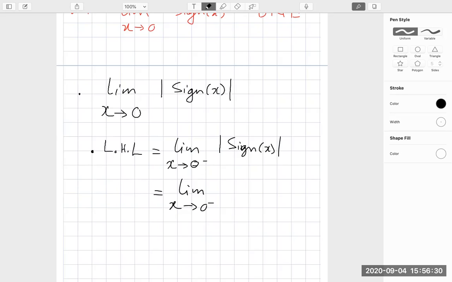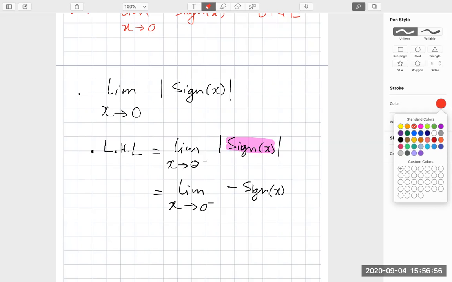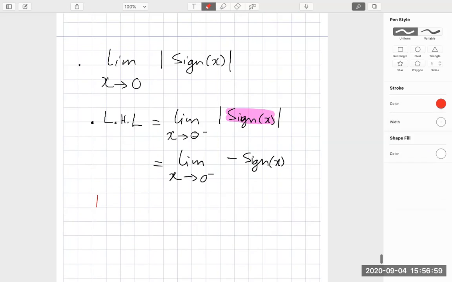What you need to remember is that the absolute value will return the negative of the input, in this case sine of x, when we remove the absolute sign. Or you can imagine it this way. Do you remember that the absolute value of x will be x if x is positive, right? Yeah.